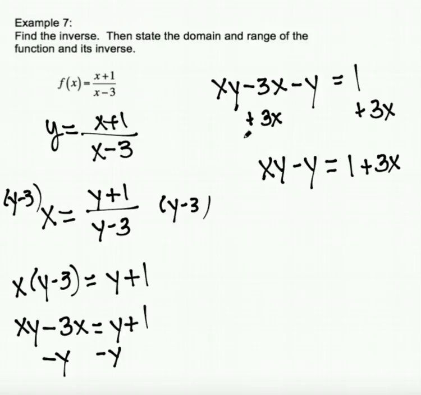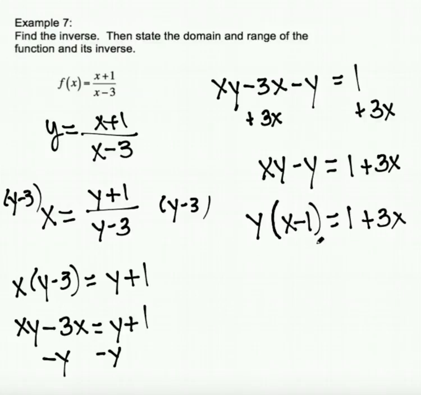We looked at this in a previous section on the last exam. When I have these two separate y's, I need to combine them somehow and get down to just one y. And to do that, you're going to factor out a y. When you factor out a y, you're left with x minus 1, and on the right-hand side, we still have 1 plus 3x.